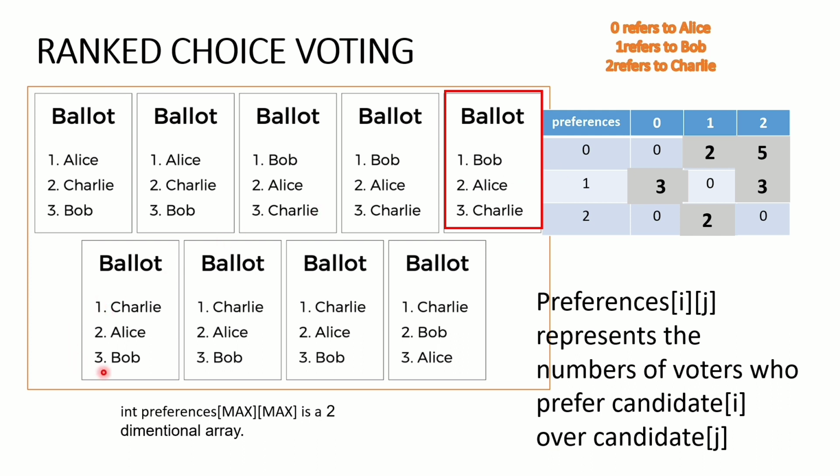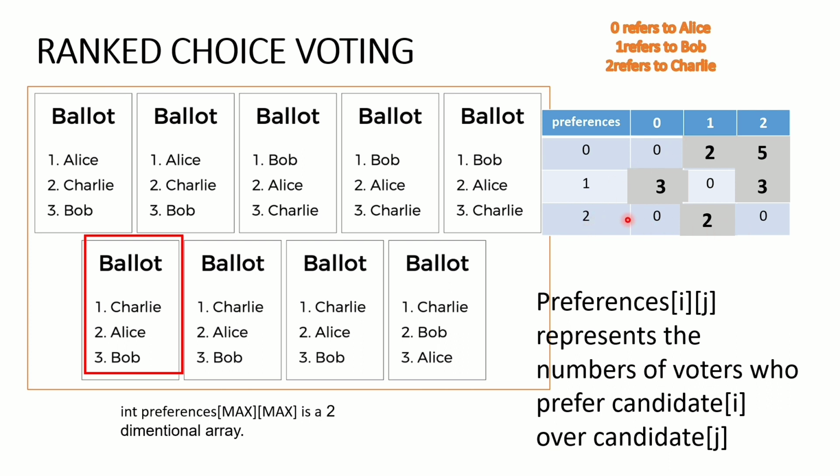The next ballot is different from the previous one, and we can see Charlie is ahead of Alice and Bob. So 2 is over 0 and 1. 2 over 0, so this value will increment by 1, and this value will also increase by 1, because 2 over 1.